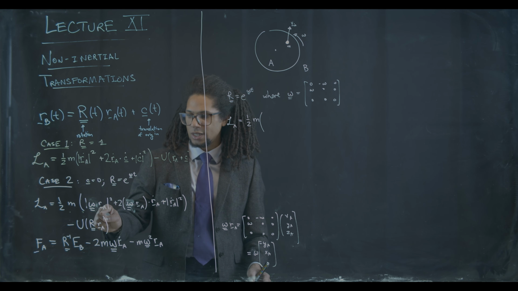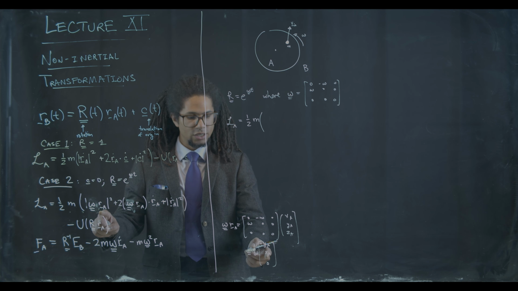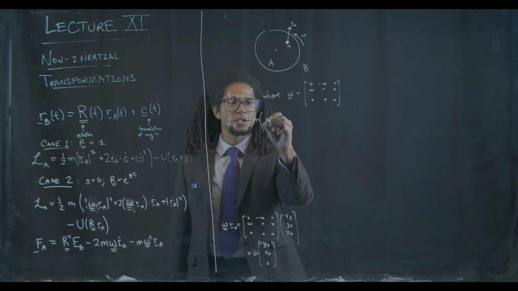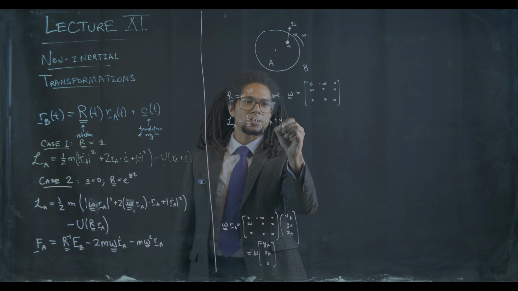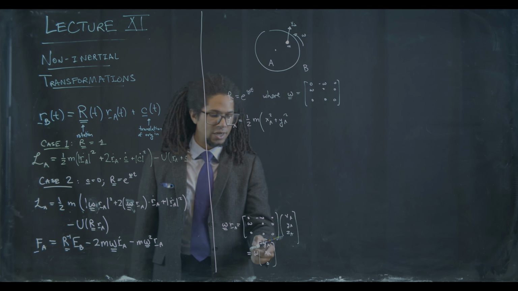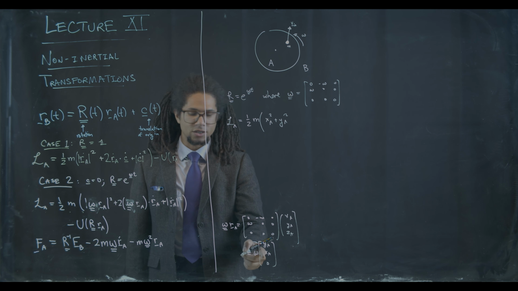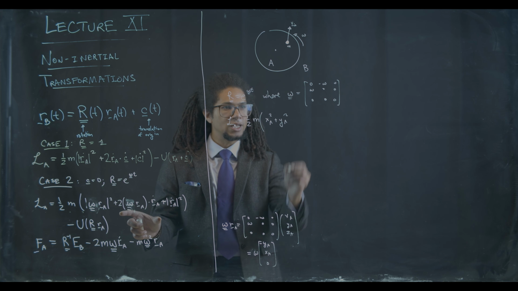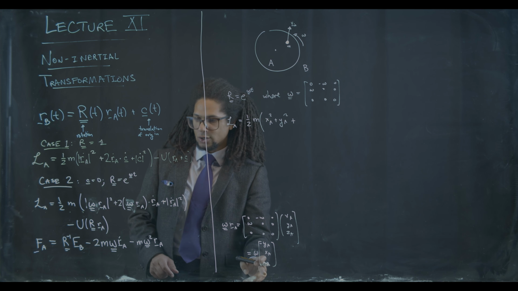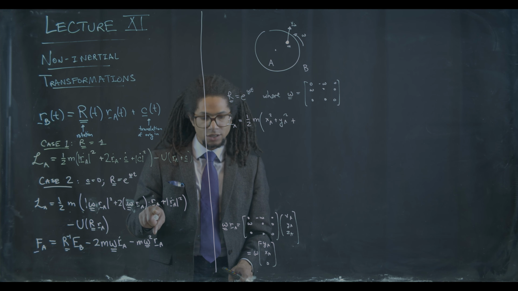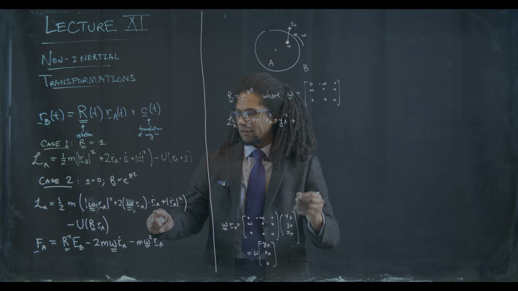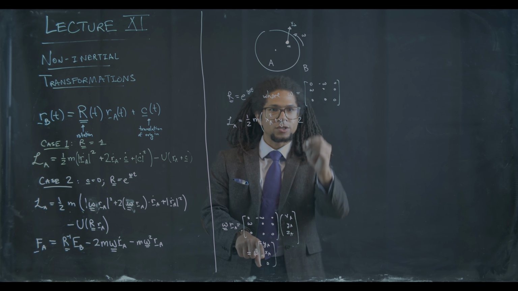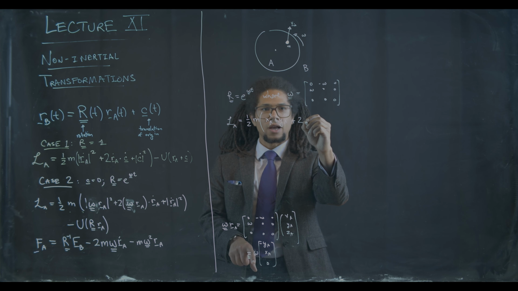But in this case, notice that squaring it doesn't actually do anything. I'll just still get X_A squared plus Y_A squared. By not do anything, I mean it doesn't matter that we had the Y on top and the X on the bottom. But that won't be true for this next term, because next we need to dot in this vector with R_A dot. So that's going to give us what? 2 times, well, first I'm going to just pull out an omega.